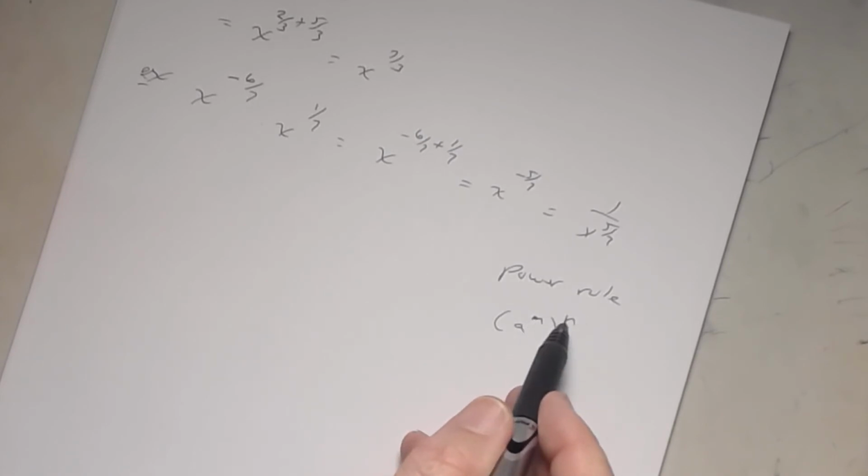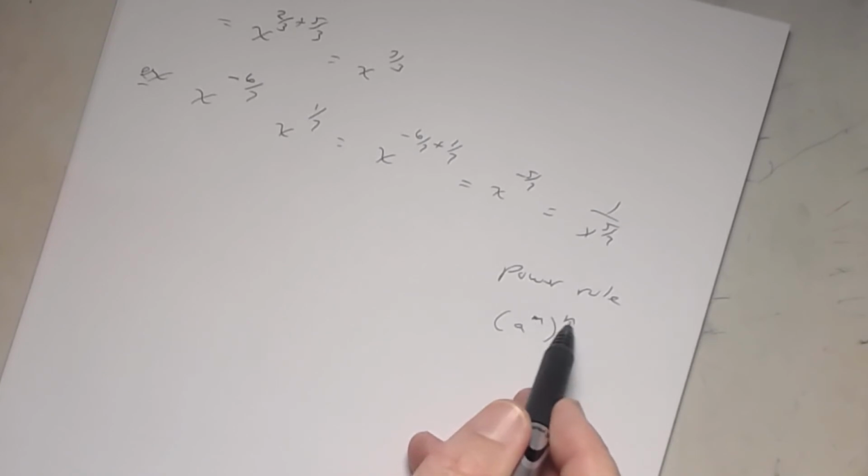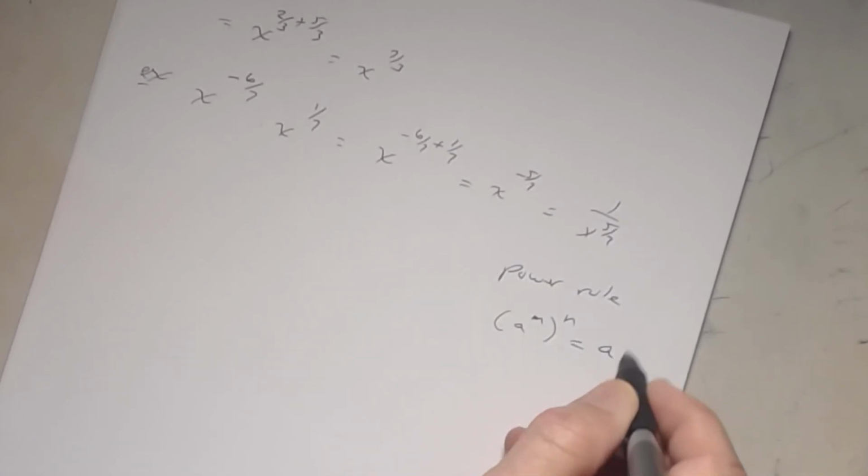This has an exponent and the outside is an exponent. So when you have a power raised to a power, what do you do to those exponents? Do you remember? You multiply them. So this would be a to the m times n. So the power rule, you're going to multiply those exponents.